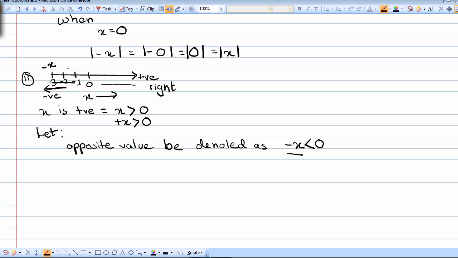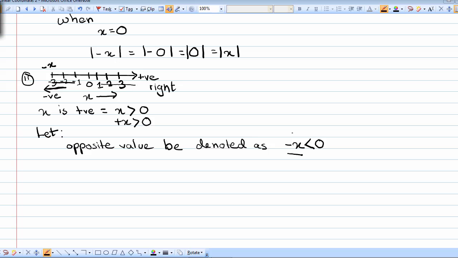Obviously, because the left hand side has values that are less than 0, as we can see from the number line, the right hand side contains values that are more than 0. 1, 2, 3 are more than 0, and -1, -2, and -3 are constants which are less than 0.